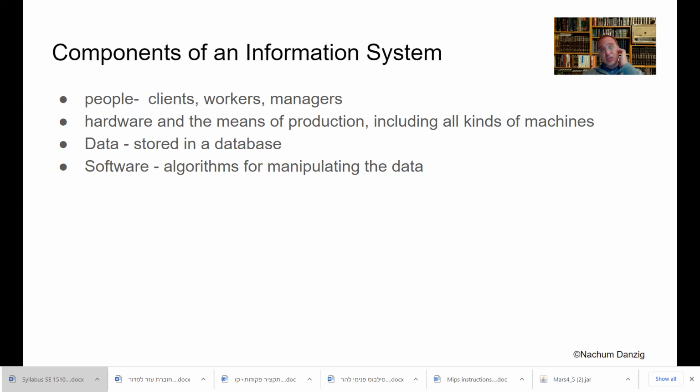Any kind of hardware the system uses is also part of the system. And the data itself is also part of the system. And the software. Here we're defining software as algorithms for manipulating data. In other words, it's the method for treating the data, comparing the data, producing new data based on other data.